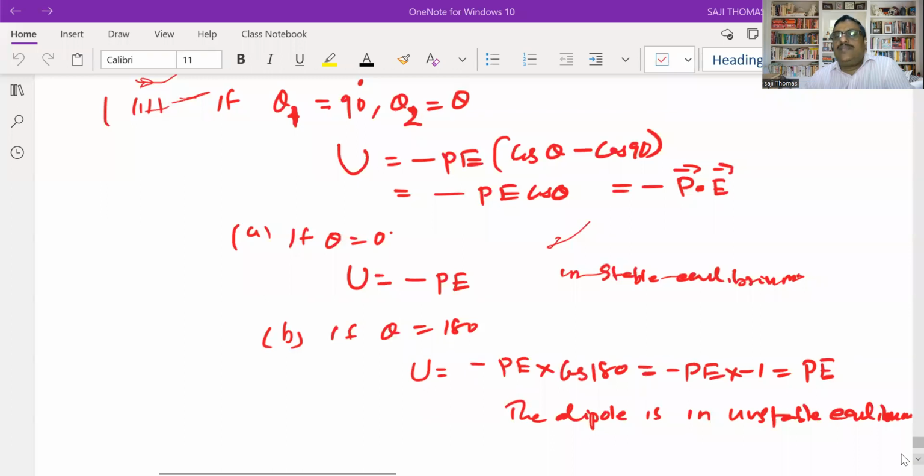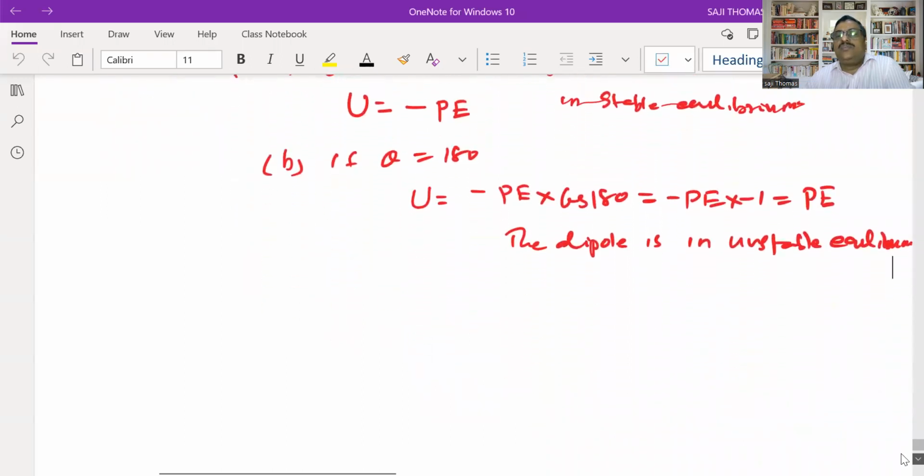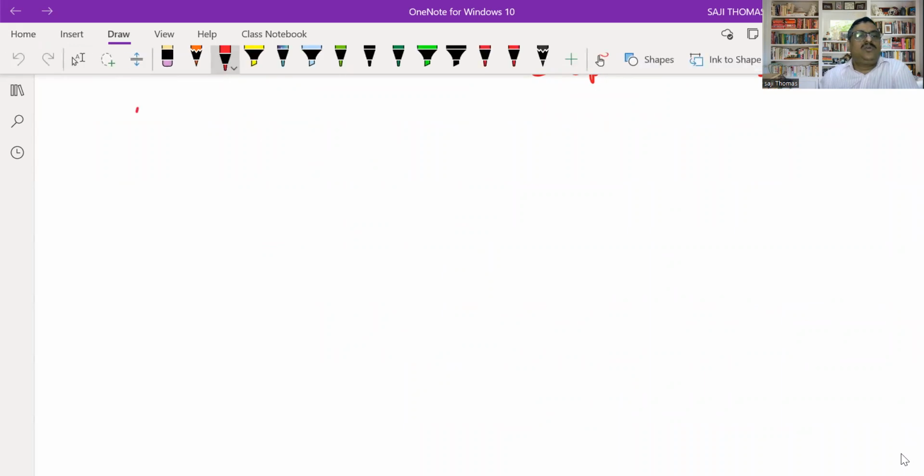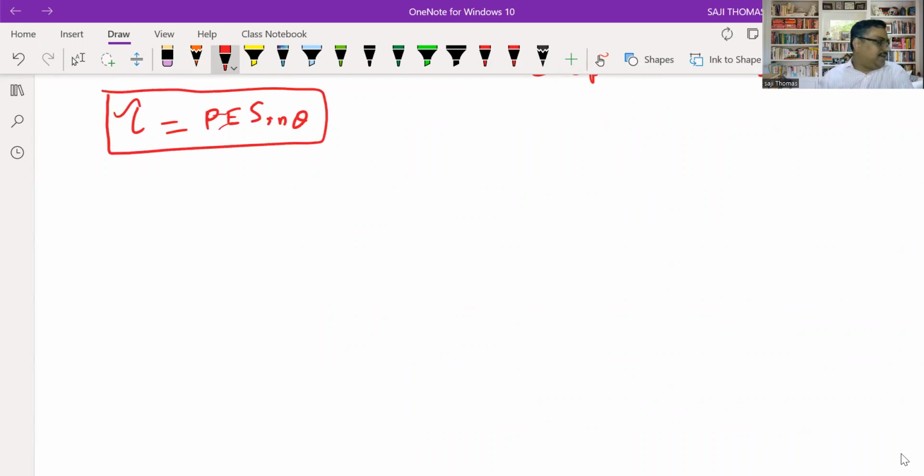So we derived the equation for torque acting on a dipole placed in a uniform electric field. What was the equation? Torque equals PE sine theta. This was the equation. So I will give you a question.